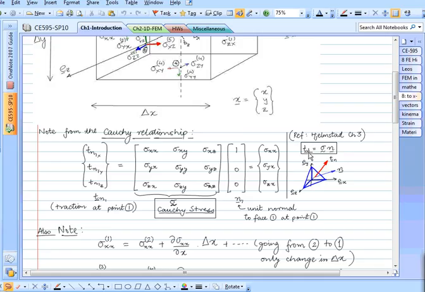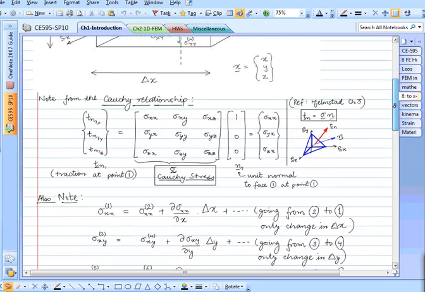That physical quantity is a distributed force per unit area, and that is called traction. And traction is related to stress with this relationship. This is called the Cauchy relationship.